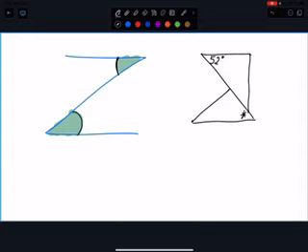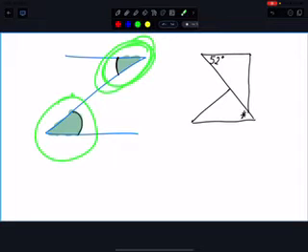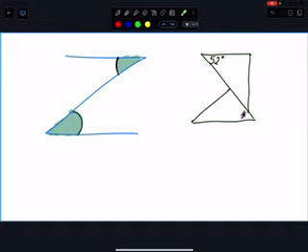Find the angle of that one. And you should be able to see the Z shape in these two triangles. 52 degrees. Correct, because the law of the Z shape states this angle is exactly the same as that angle. And if you see, this is my Z shape. So this angle has to be exactly the same as that angle. Yes?